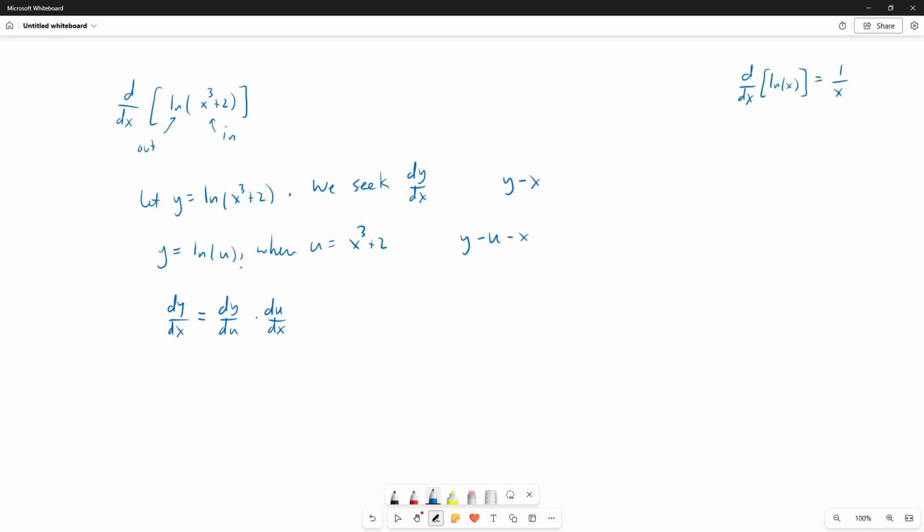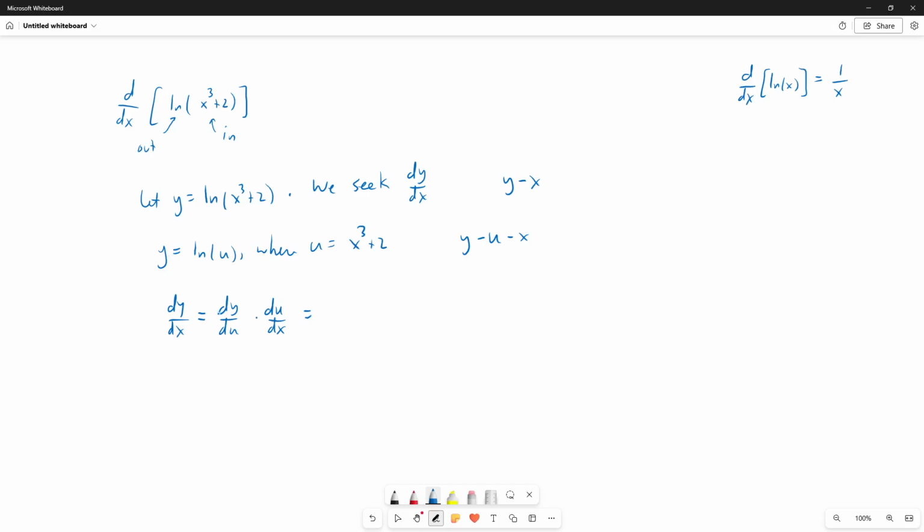Y is linked to u via the equation y equals ln of u, and u is linked to x, where u is equal to x cubed plus 2. These are simpler links, and we can find the derivative of each of those by just knowing basic derivatives.